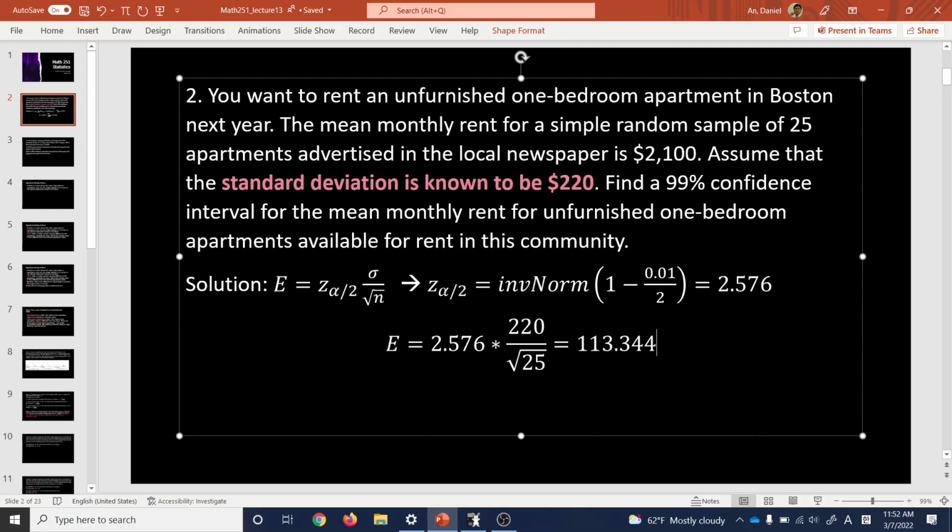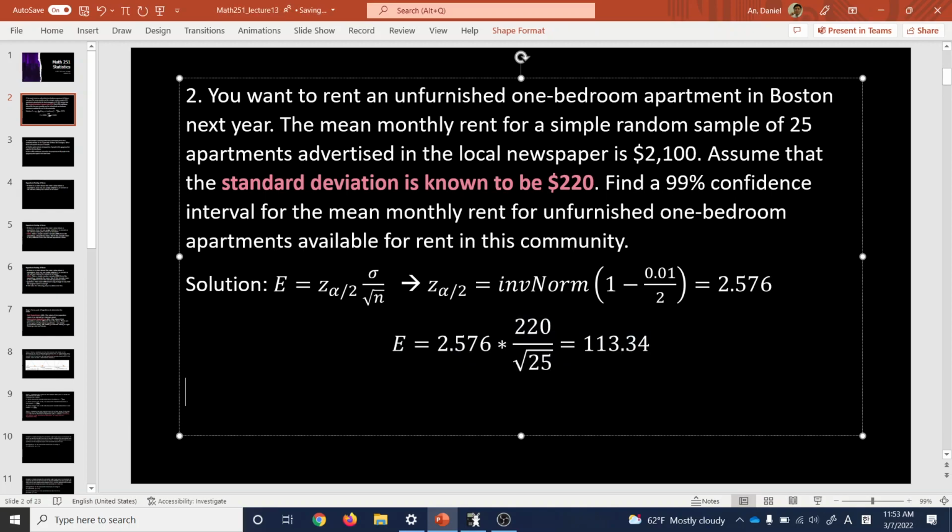For that, you don't call it z alpha over 2, you call it t. But you do the same thing, inverse t instead of inverse norm. And for the inverse t, you also have to provide the degrees of freedom, which is 25 minus 1. You get a different value, which is higher than this number. So using inverse t gives you a wider confidence interval. Let's just round to the nearest cent, and that's what you have.